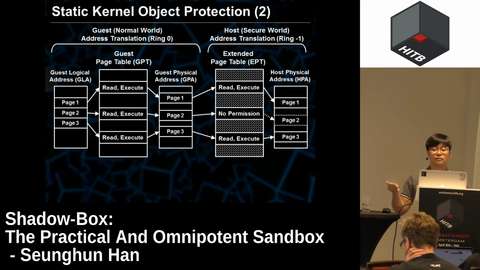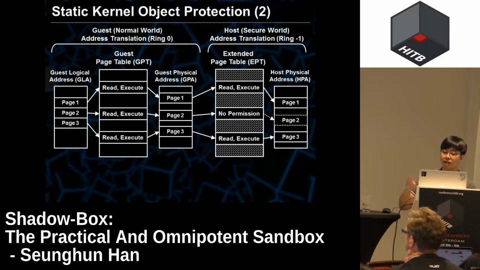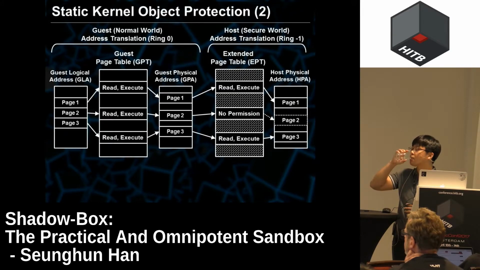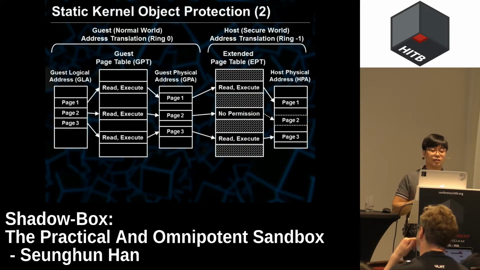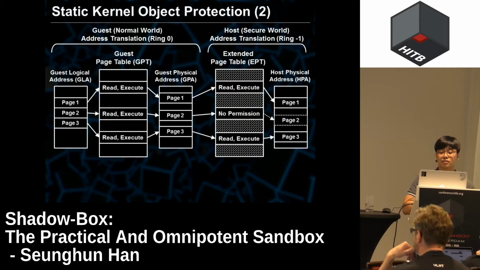This is a detailed view of memory protection. The left part of the page shows address translation between guest logical address and guest physical address. The right part of the page shows address translation between guest physical address and host physical address.